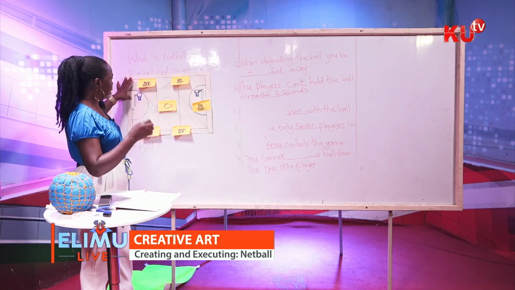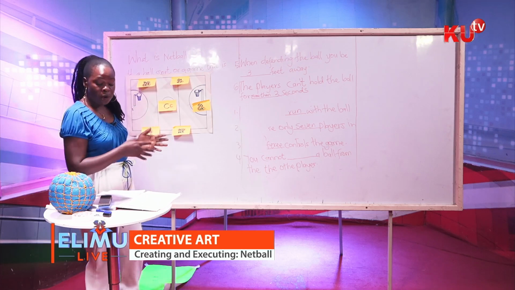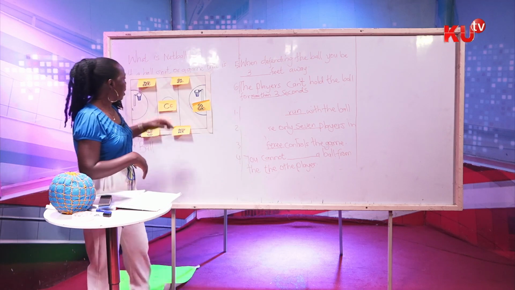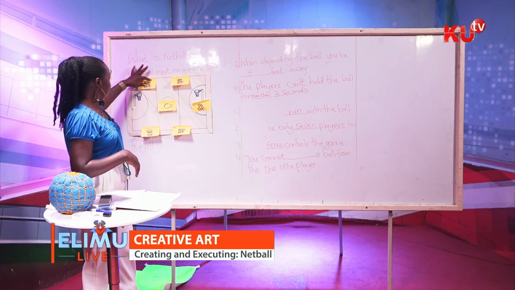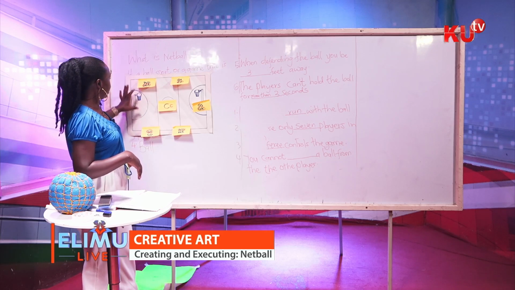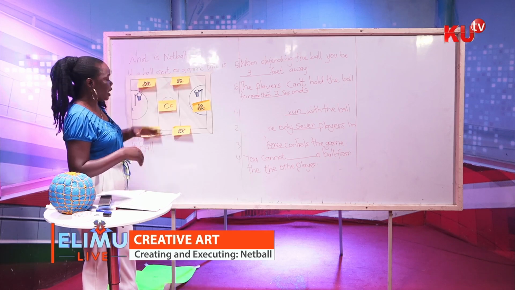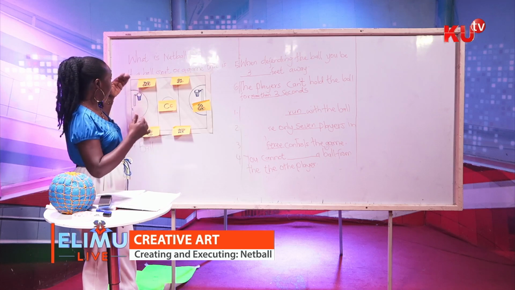And this is the netball court. It is a rectangular area that is designed mainly for playing netball. Within the netball court, we have 14 participants or 14 players, and in each number there are two players each. They are paired.